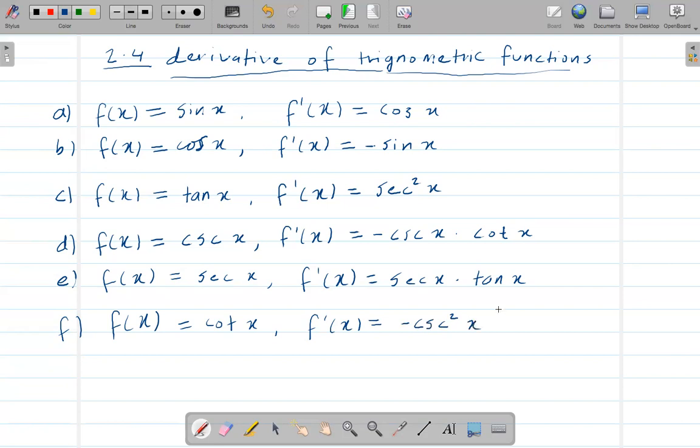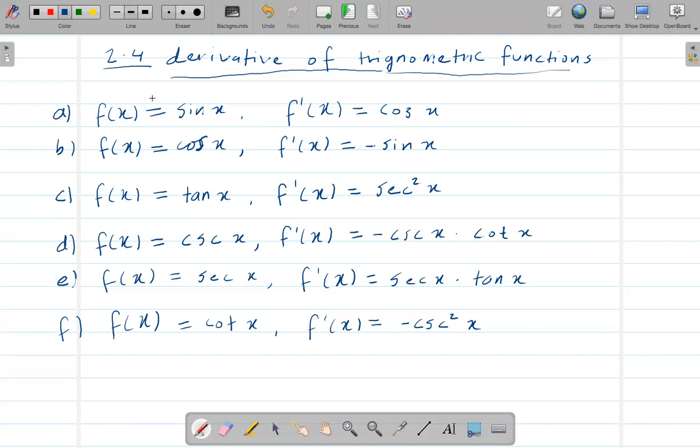There is a way of getting this. When you take the derivative of sine x, you get cosine x, but there is a way of proving it. In the book, it shows the proof that the derivative of sine x is cosine x. If you want to, you can read it.